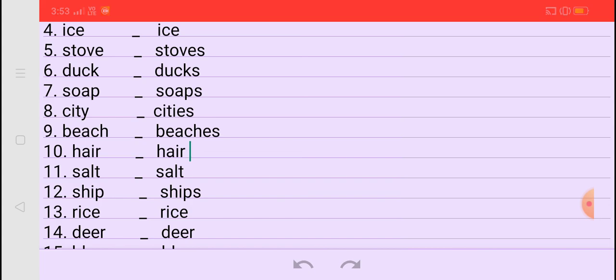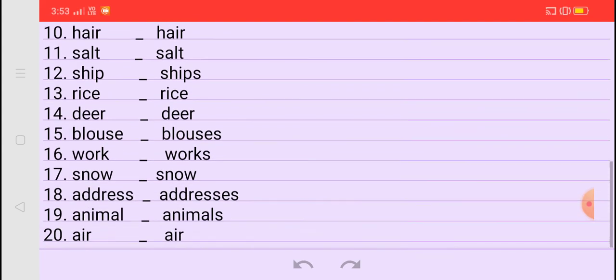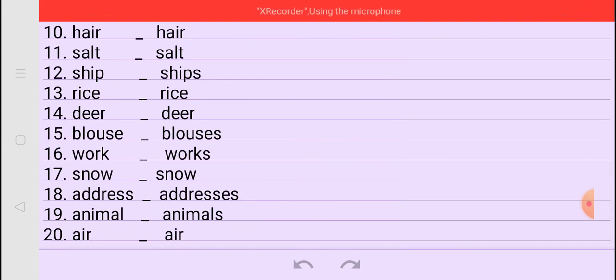Number 10, hair will be the same. It is uncountable. Salt, it is uncountable, will be the same. Ship, ships. Rice is uncountable, so will be the same. 14th one, deer. As I told you, the plural word too is the same, D-E-E-R. Now question number 15, blouse.